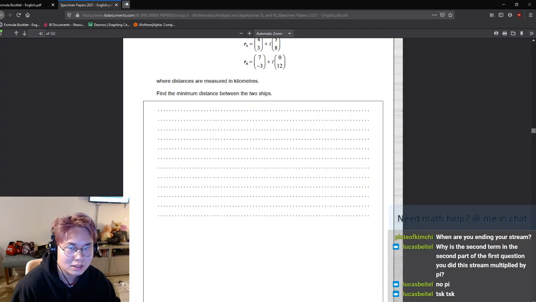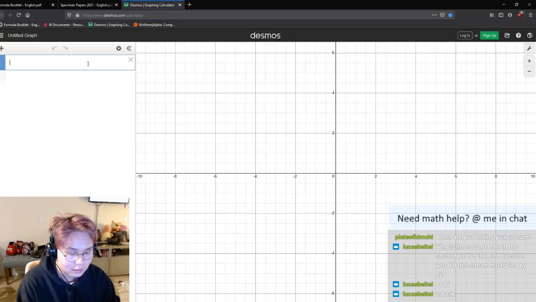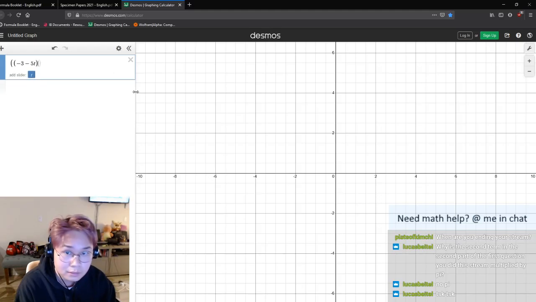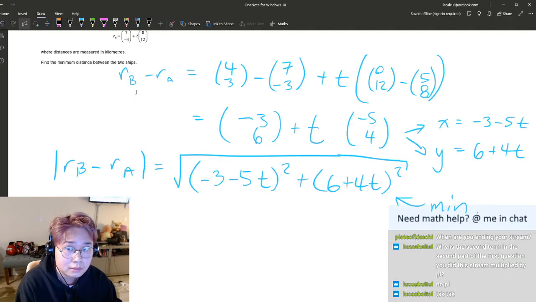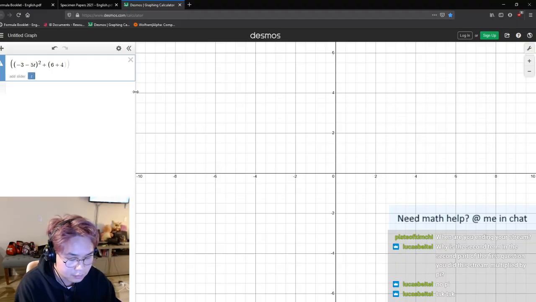Okay, I'm going to cheat, in the sense that I'm going to go to Desmos, just because it's way easier to play around with graphs. Plus 4t, actually I should change these to x's.